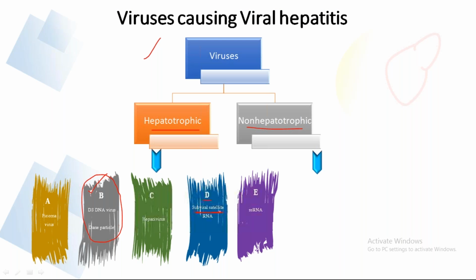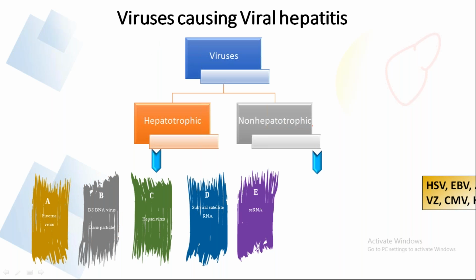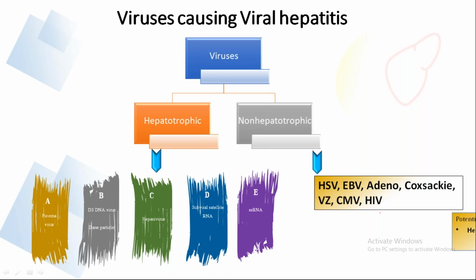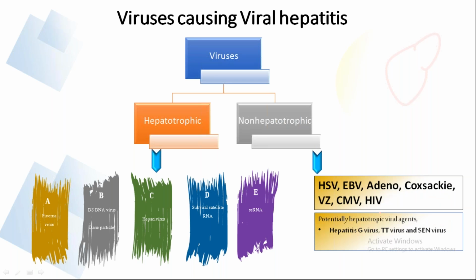Now, speaking about the non-hepatotropic systemic viruses, they can cause hepatic pathology. Examples: herpes simplex, Epstein-Barr virus, adenovirus, varicella zoster, cytomegalovirus, HIV, all these can cause it. And lately, there are potentially hepatotropic viruses, not yet finalized.